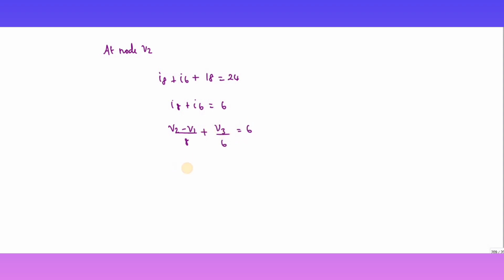So V2 minus V1 by 8 plus V3 by 6 is equal to 6. What is V1? V1 is 12 volt. If I solve, I will get V2 by 8 plus V3 by 6 is equal to 7.5.